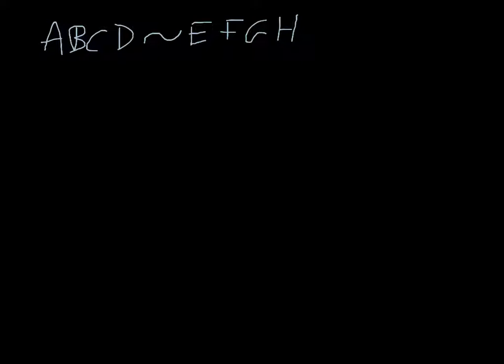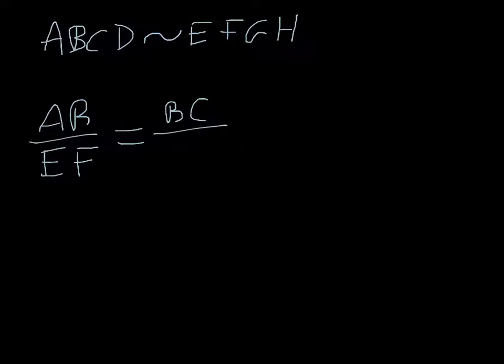At the same time, it also tells us what sides are proportional. AB is to EF is the same as BC is to FG.